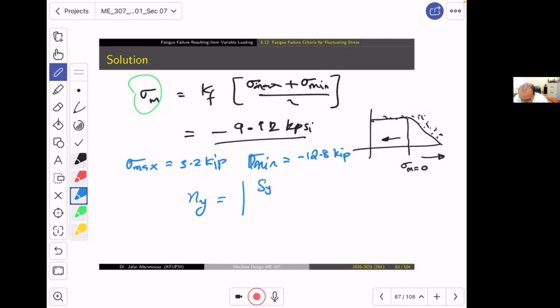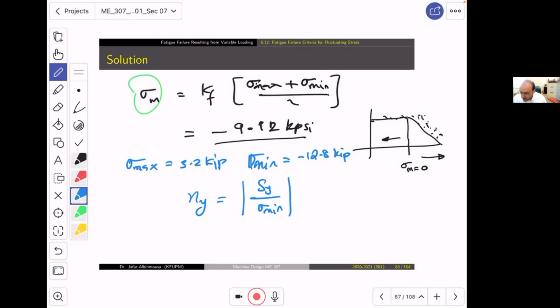I will divide the yield stress by sigma minimum. Now remember, if the maximum is larger in magnitude, I will divide by sigma maximum. But here I need to divide by sigma minimum, and I put the absolute value, because there is no meaning of a negative factor of safety. Actually, there is nothing negative here. It's a stress, but it is compression. That's the meaning of negative.